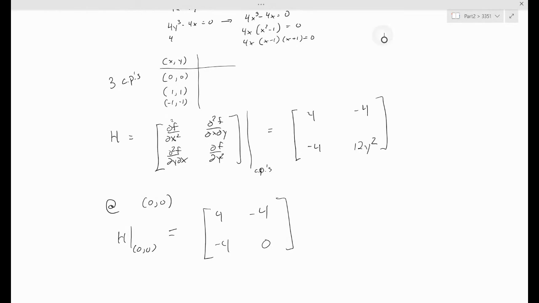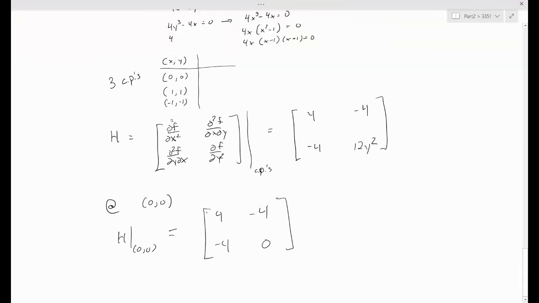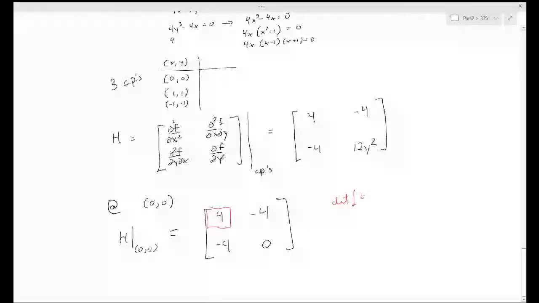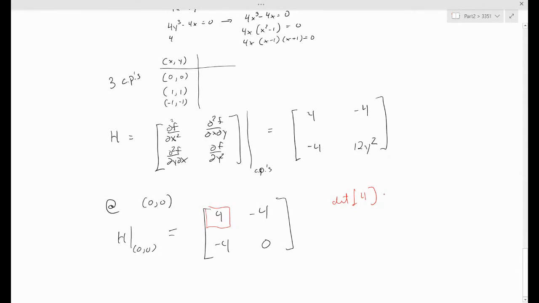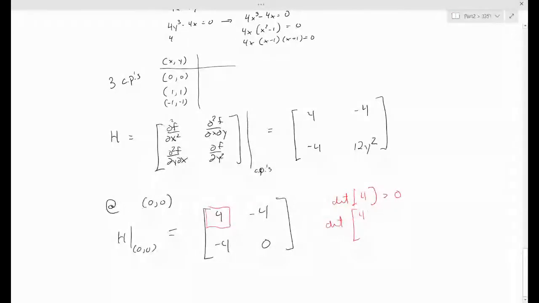So we can just use our test. The determinant of the 1 by 1 matrix at the top left is 4. Positive definite for sure. And the determinant of the full matrix is positive. Oh, hold on. It's neither, right? Because we get 0 minus a -4 times -4.